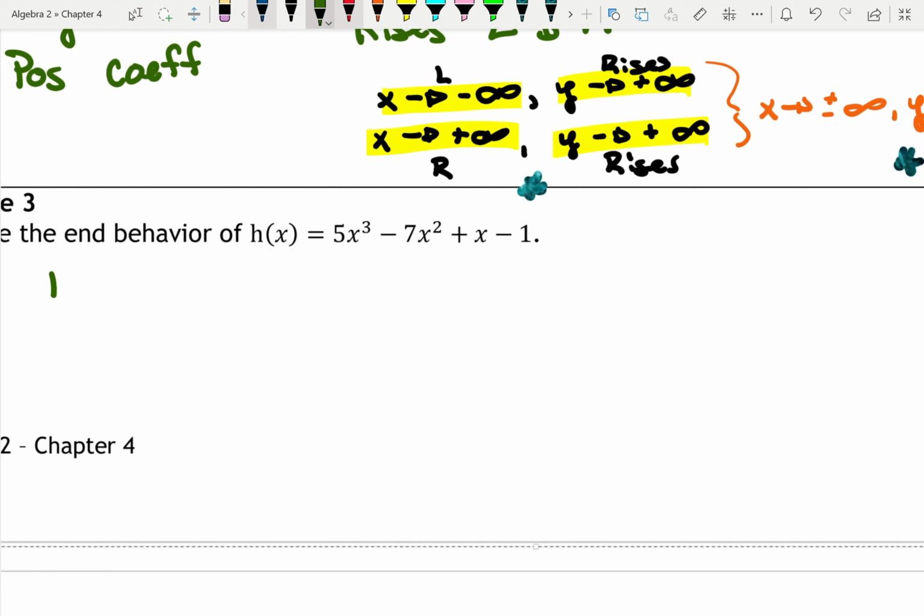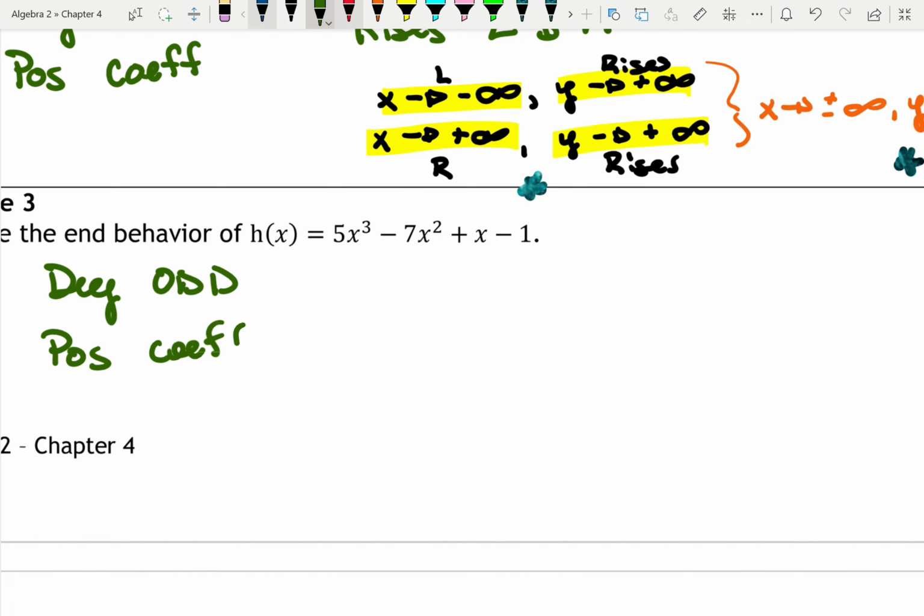We have the degree is odd, and then we have a positive coefficient. So that means that it's going to roughly look like a line like that. Right? There's our arrows, and we care about the arrows most. So this is going to fall left and rise right. That would be kind of the informal way to say it.